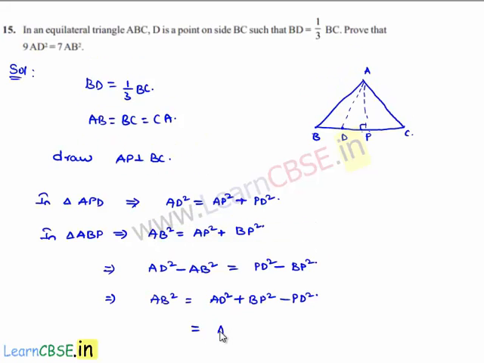AD square, let it remain as it is, and as AP is an altitude, we can say that it bisects BC perpendicularly. So half BC whole square is nothing but BP square.